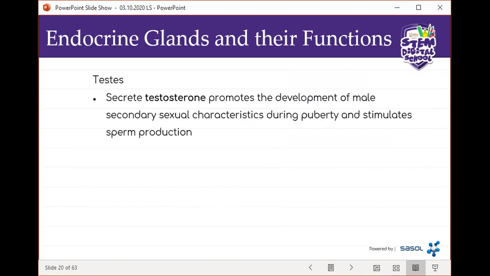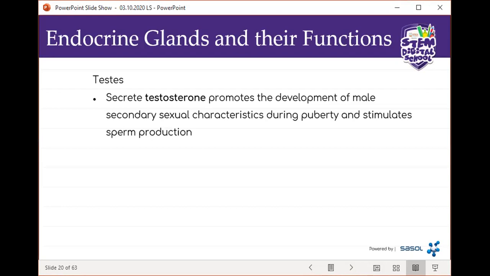Then we move on to the testes. So the testes are found in males, and they secrete testosterone, which promotes the development of secondary characteristics during puberty in males. Right, and then some of these secondary characteristics in males include the growth of body hair as well as the deepening of the voice.